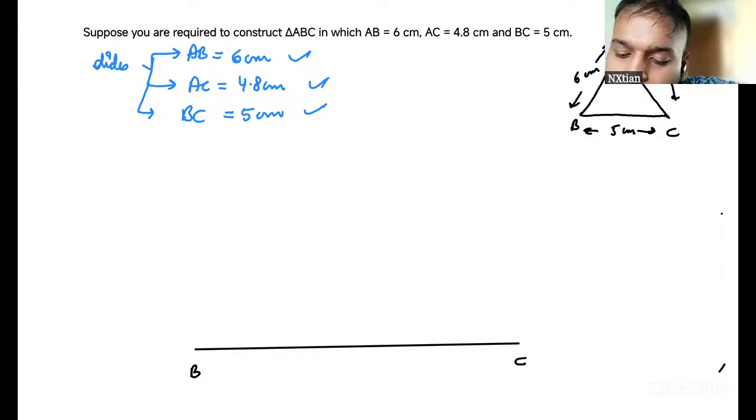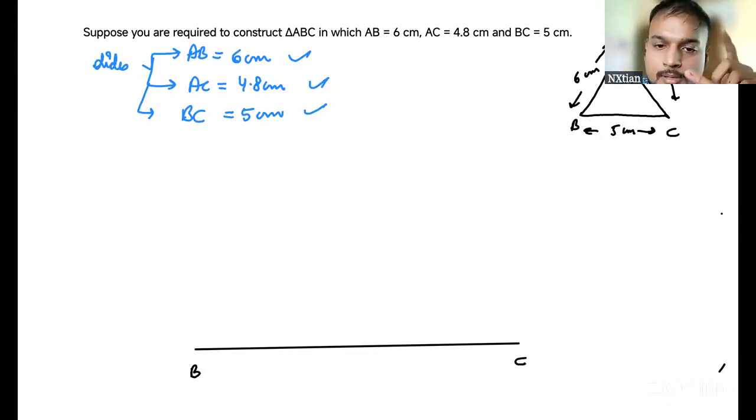Okay. Now BC is the line segment which is the base, equal to 5 centimeters. Now open your compass, put it with the ruler and measure 6 centimeter. Like you open a compass, measure it with the ruler, and it should be 6 centimeter.